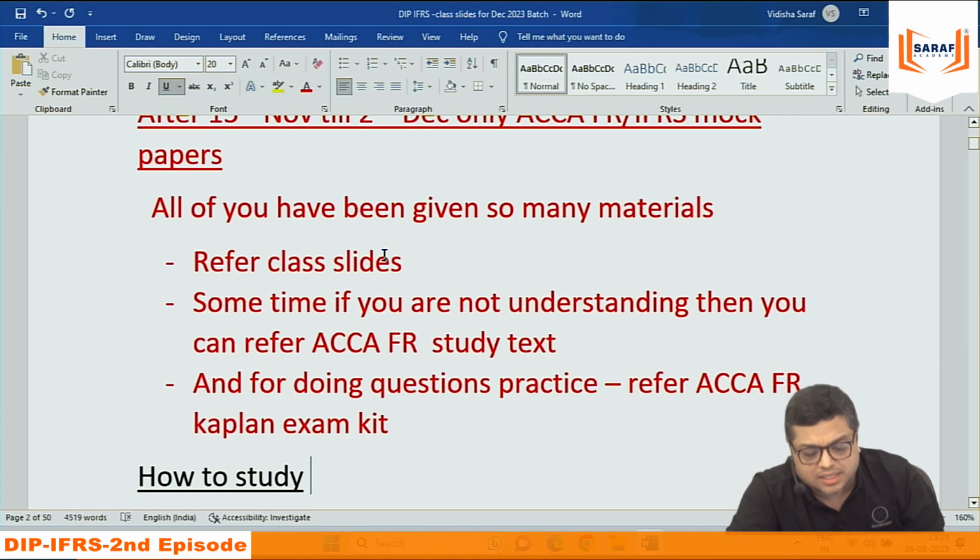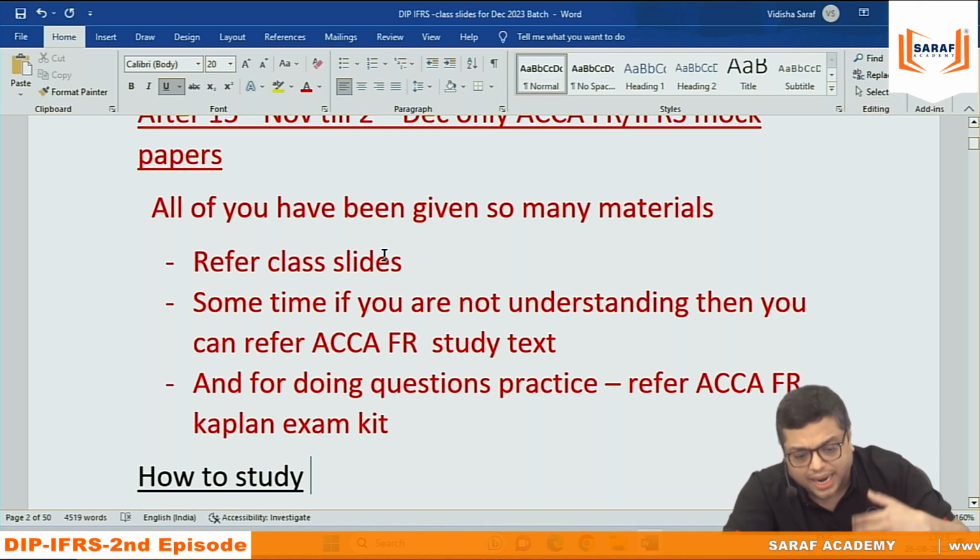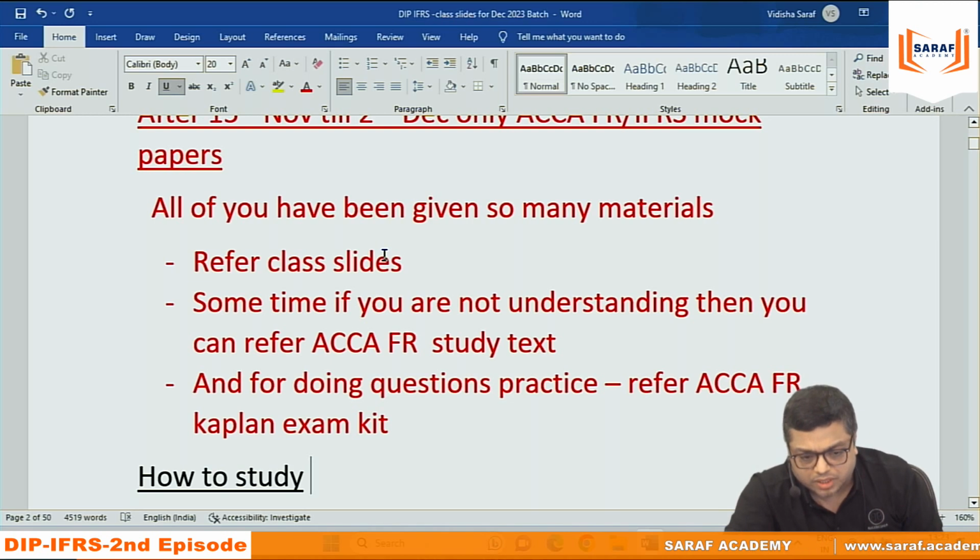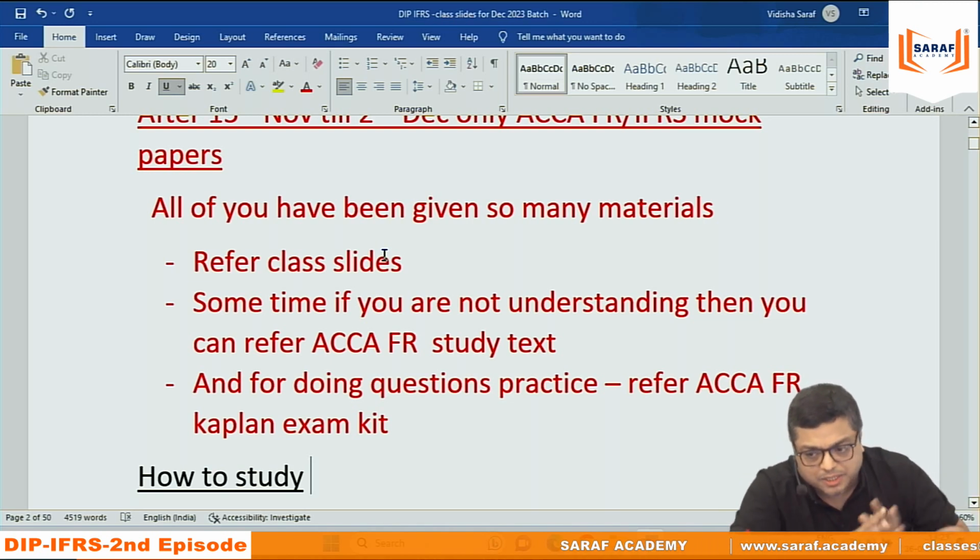Under the financial statement, you have different components: the statement of profit or loss and other comprehensive income, the statement of financial position, the statement of changes in equity, the statement of cash flow, and notes to accounts and accounting policies, which is our syllabus part.